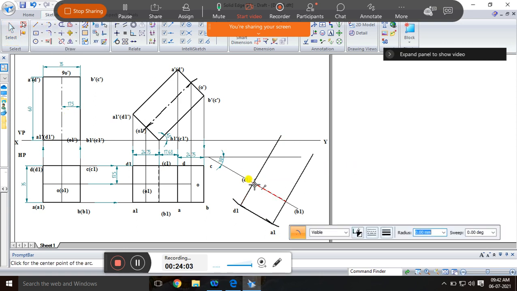Place it on the same C1, stretch up to D, which you already marked, and the distance is 17.68. Cut one more arc. Similarly, with the same distance, cut one more arc.